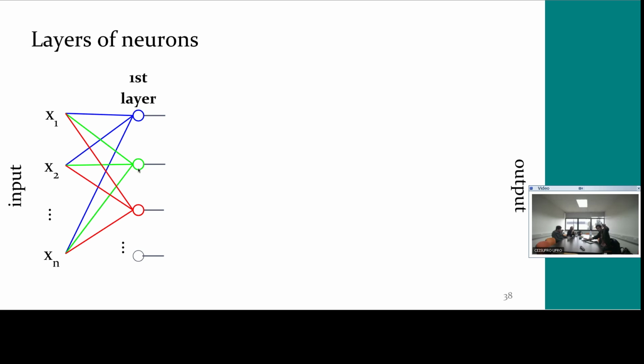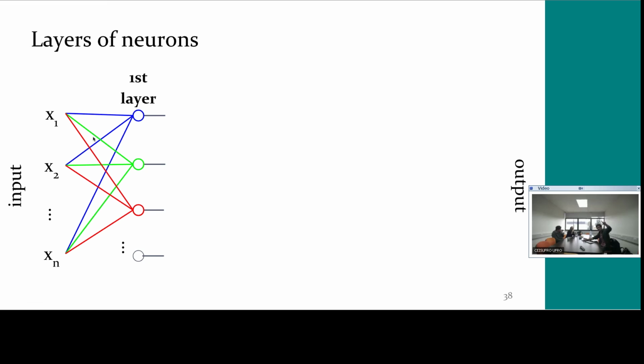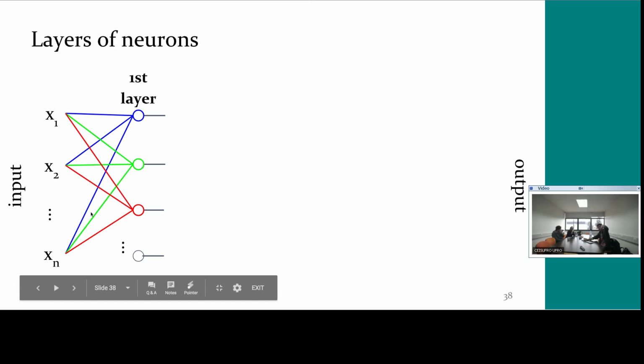This neuron is just another neuron, the same way, very simple, just connecting all of them with an output. This one, the same way. This neuron, the first one, has these weights, 3, or actually n. The second one has other n weights. The third one has other n weights, etc. And this is just the first layer.